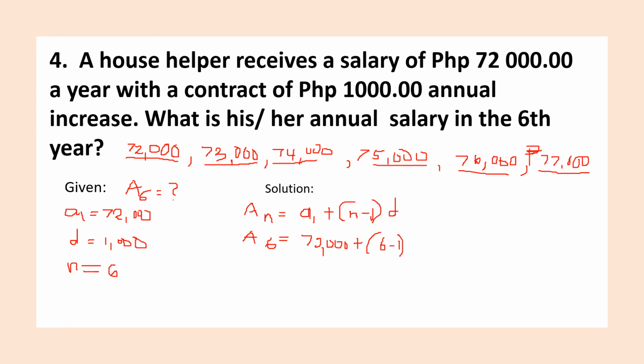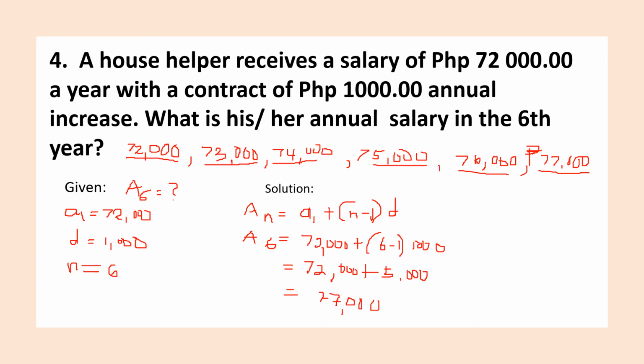And our D is 1,000. Okay, we're going to follow GEMDAS rule. So, copy 72,000 plus 6 minus 1 is 5 times 1,000 is 5,000. So, 72,000 plus 5,000 is equal to 77,000. So, pareho lang po yung sagot.